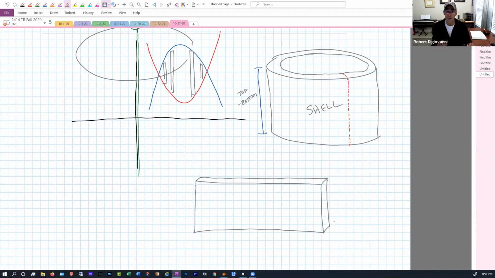Now you have a box. And the volume of a box is length times width times height. We know the height we just said is the top one minus the bottom. Do we know how thick this is? How thick is this shell? Where did the thickness of this come from?